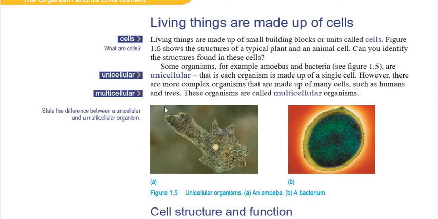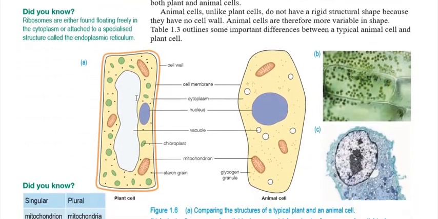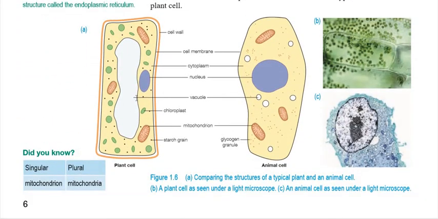So you're going to define cells, you're going to define unicellular organism, multicellular organism, and then you're going to give me example of each. Then you are going to draw a plant cell and an animal cell. Without looking at this video, you're going to draw it.